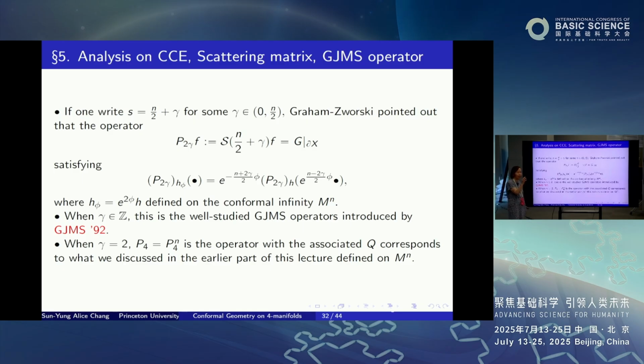But this operator now is defined on a spectrum of all gamma with parameter between 0 and n squared over 4. And this is a P_2gamma operator. When gamma equals an integer, it turns out to be the well-studied Graham, Jenne, Mason, Sparling operator studied in conformal geometry. But this approach says in this setting, we actually have a fractional Paneitz operator. And this has a continuous parameter of operators satisfying this property.